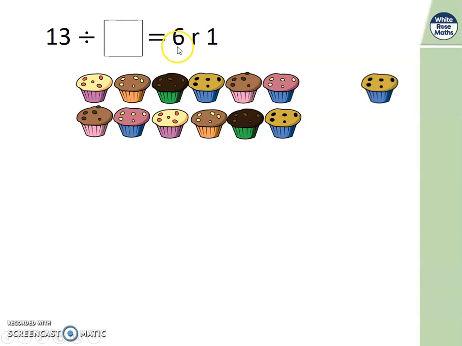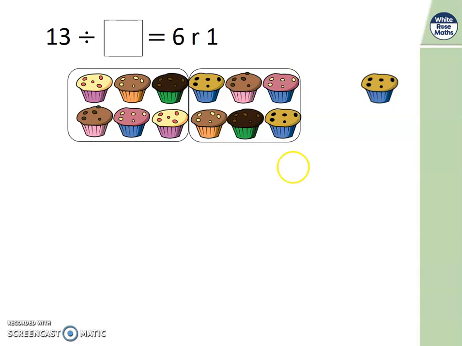We now need to put them into groups of 6, like this. Can you see now how many groups it was shared into? That's right, 1, 2. So 13 divided by 2 is equal to 6 in each group with a remainder of 1 that won't fit in.